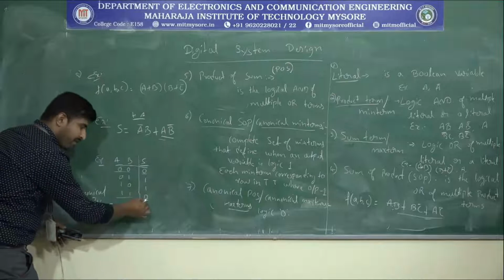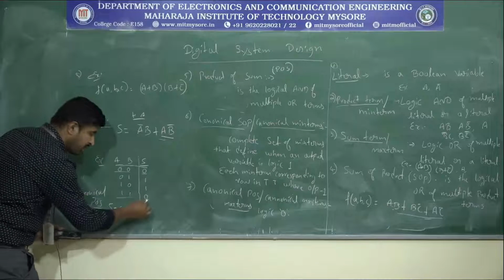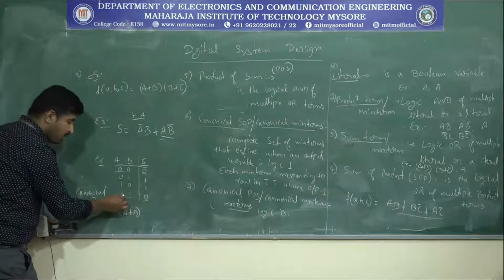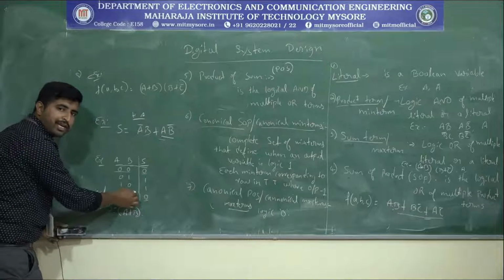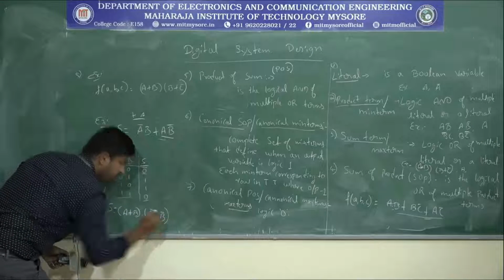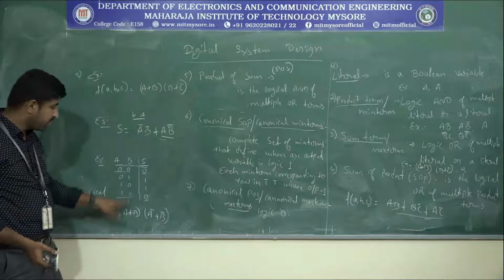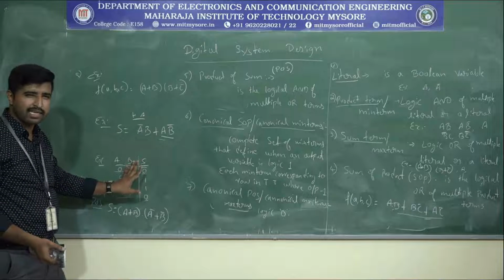Next, we have one more, and an AND operation will come between them. The output is 0 for the row 1 1, and 1 1 means we need to take the complement, so that is A bar plus B bar. This is the canonical max term form of the adder sum. We have taken the example for the sum.